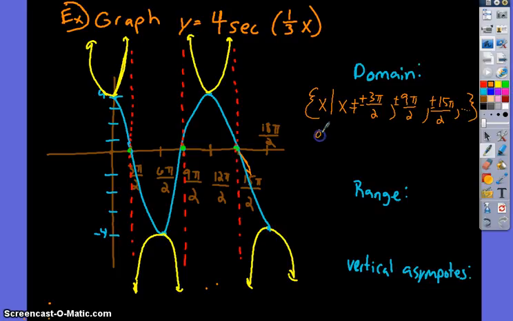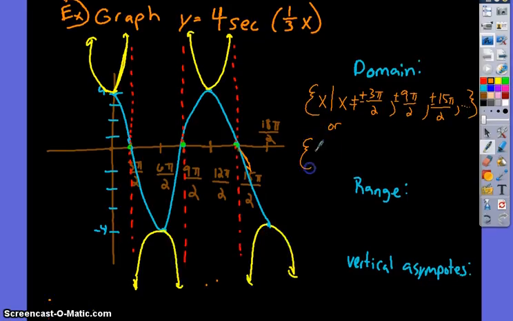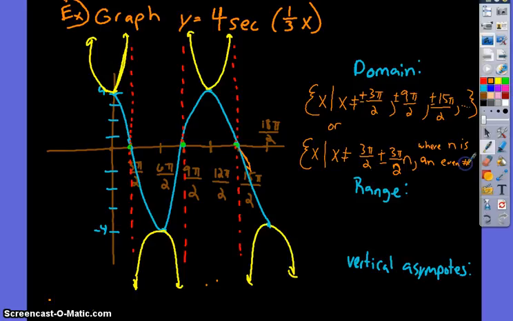Another way you could have written that domain is x such that x cannot equal 3 pi over 2 plus or minus 3 pi over 2 n, and you note it by saying where n is an even number other than 0.